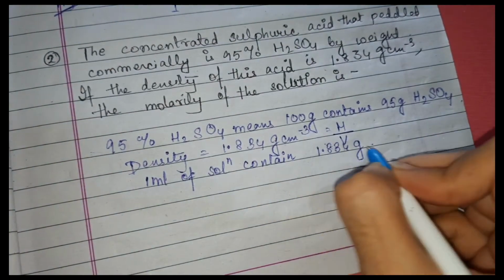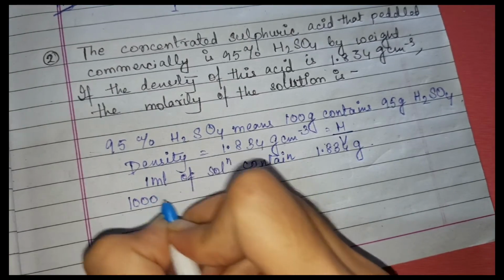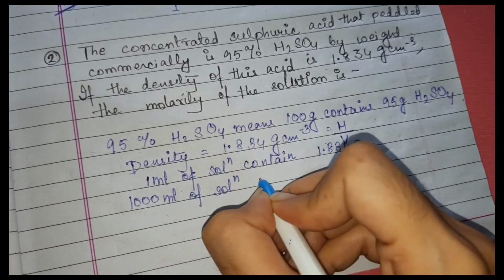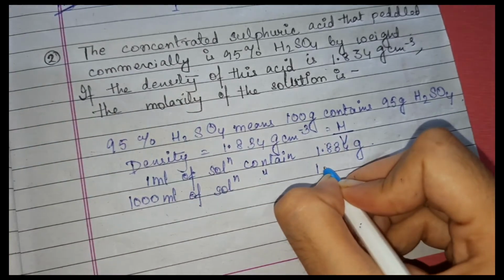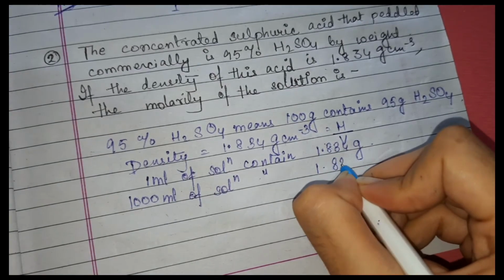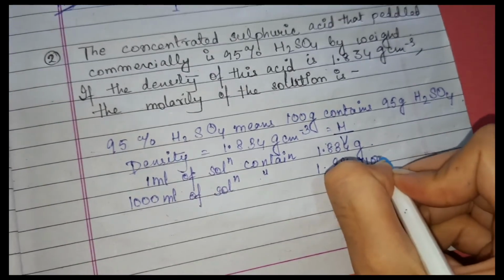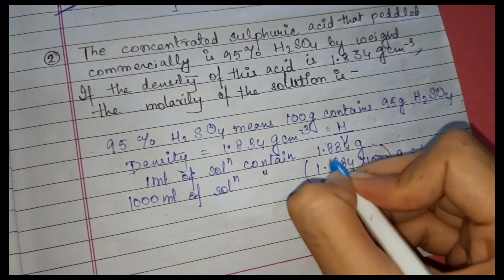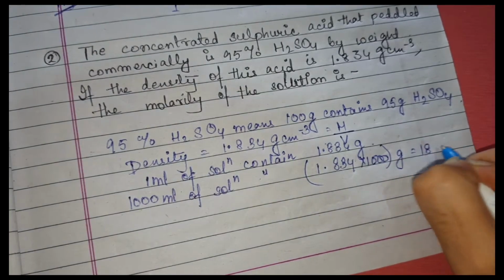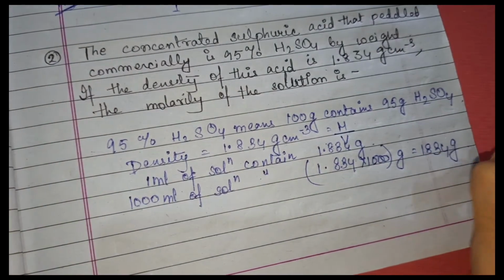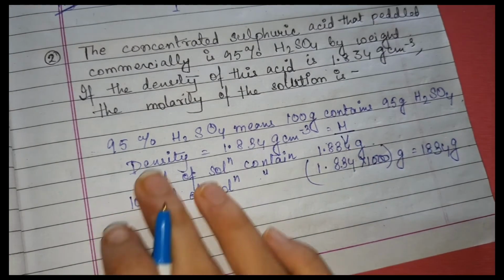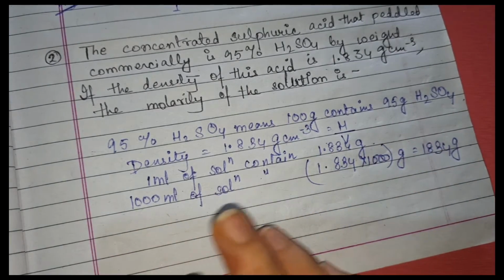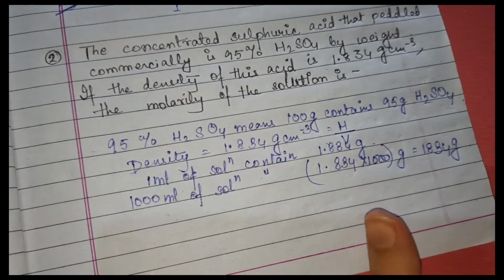To remove the point, I'm doing 1000 milliliter, that is 1 liter, of solution contains 1.834 into 1000, unitary method, so 1834 gram. So we got that 100 gram contains 95 gram H2SO4, and 1 liter of solution contains this much gram.